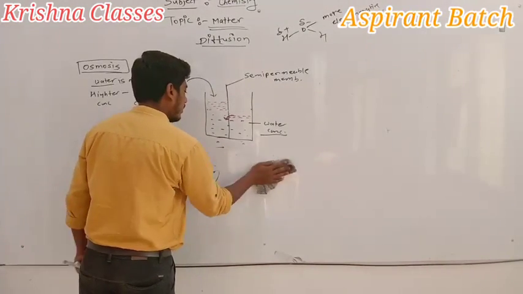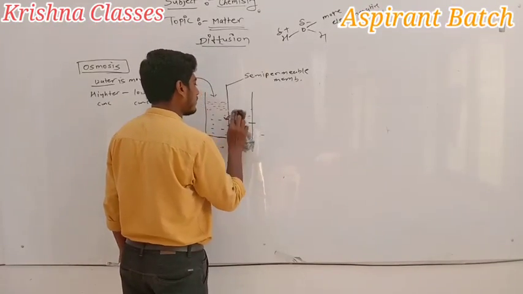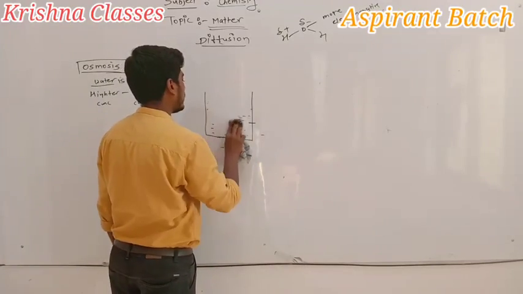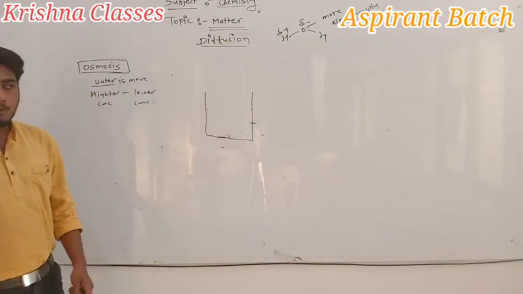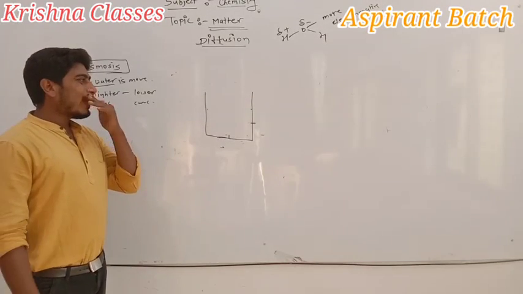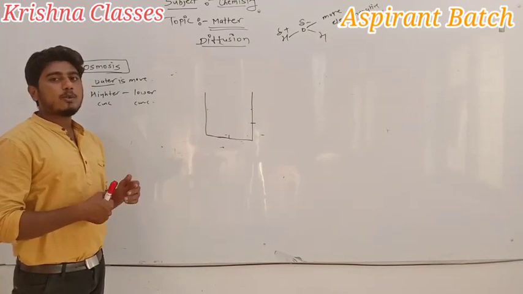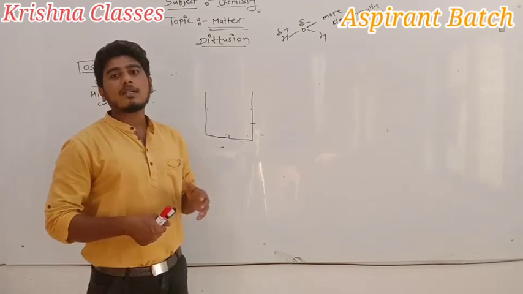We have some types of cells. We know that in the diffusion process, the gaseous particles move into the cell and out of the cell depending upon the concentration of gases.